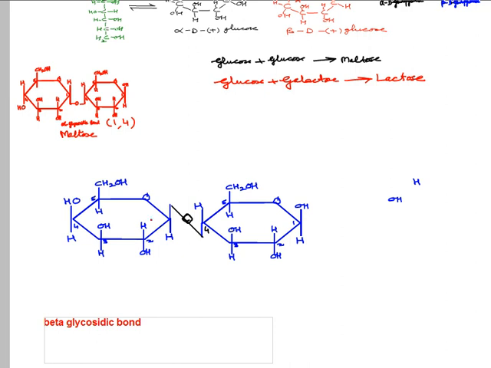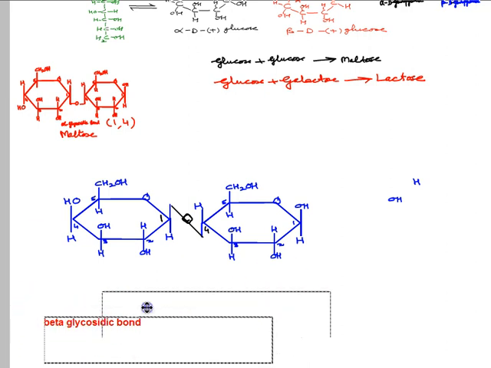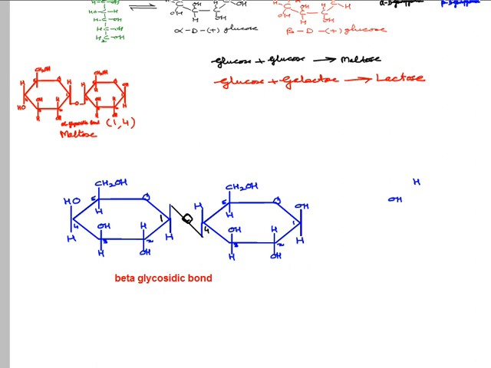So here we find number 1 carbon of galactose and number 4 carbon of glucose. Both the forms of glucose and galactose are beta forms, of course, beta pyranose forms, and the bond is between 1 and 4. So this is called a beta glycosidic bond 1,4 in the molecule of lactose. If you see here, this is the molecule of lactose.